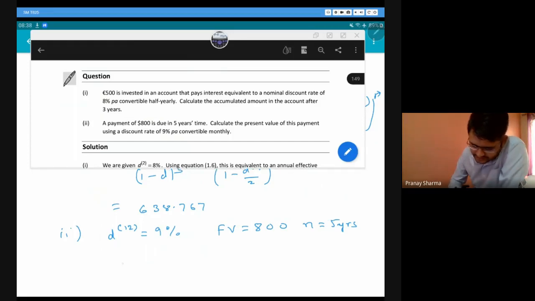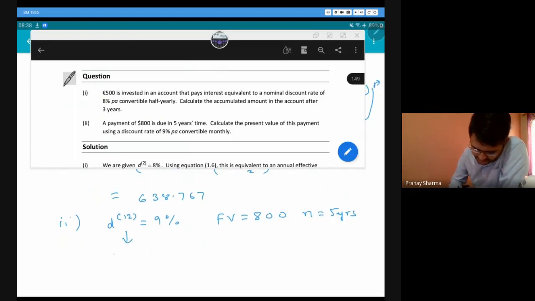Again, to calculate the present value, what you can do is convert this into d. If we convert this into d, we'll have 1 minus d12 by 12, the whole raised to 12.